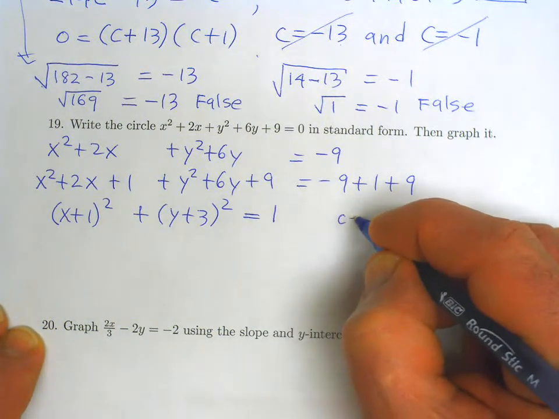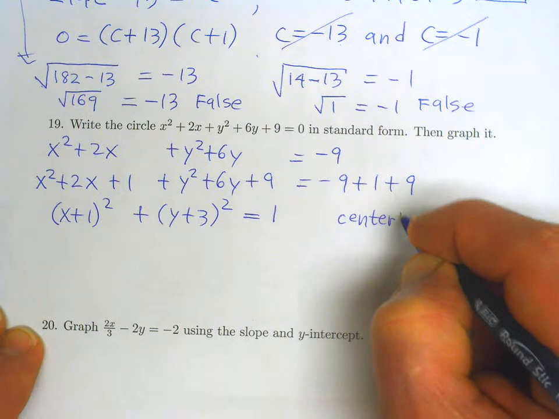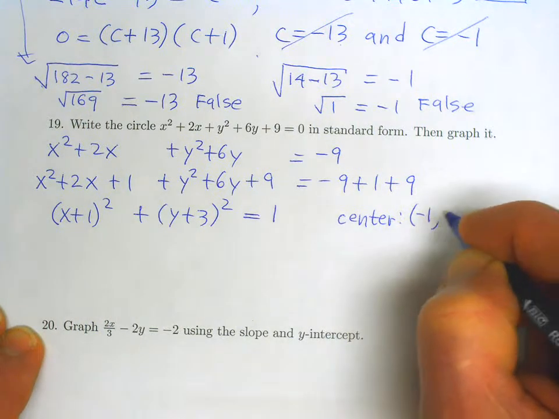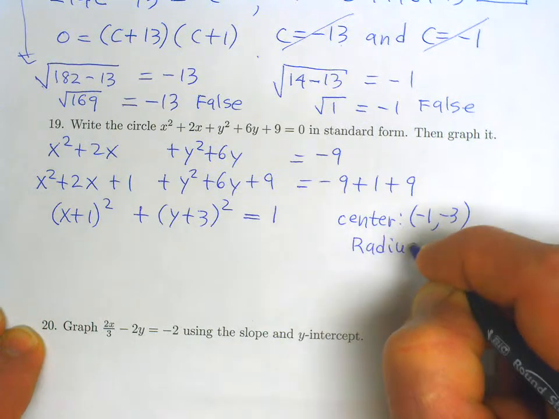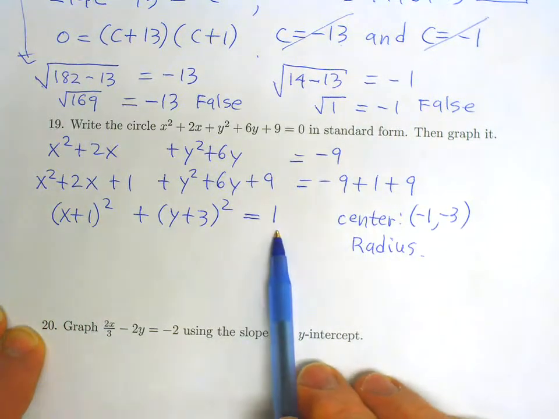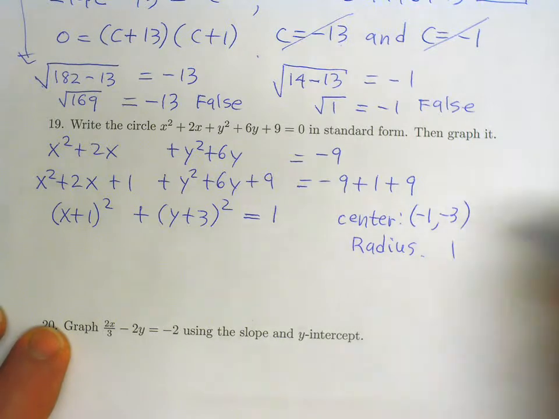Okay, so the center is the ordered pair -1, -3. And the radius is the positive square root of 1, which is just 1.